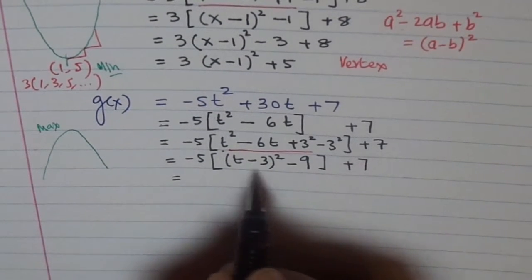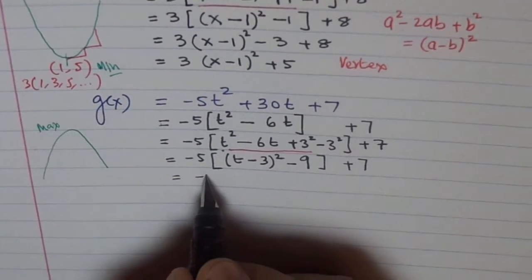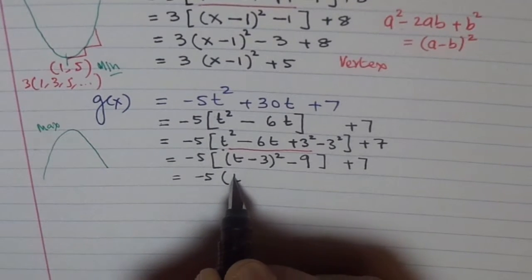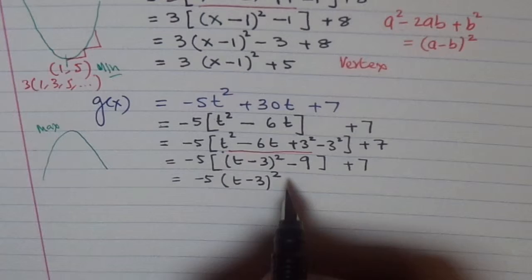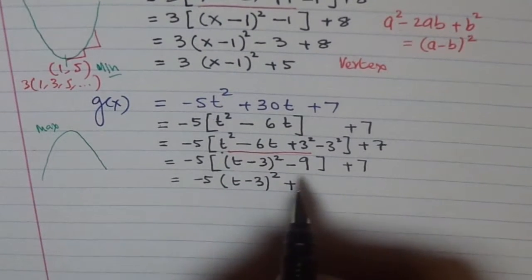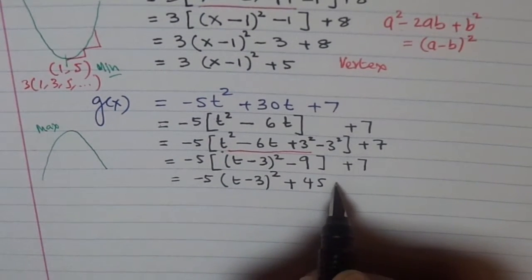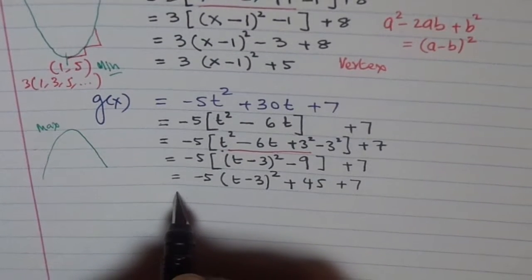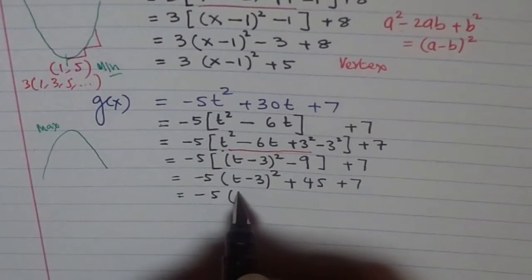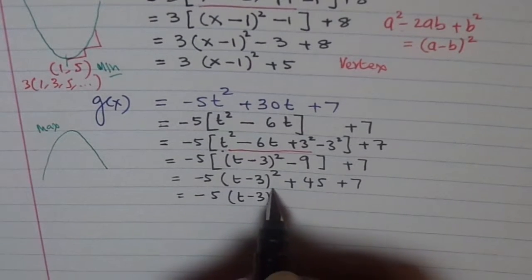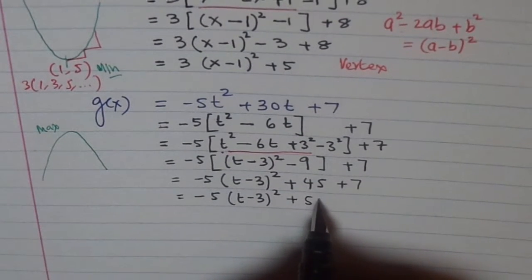Now it's the time to open the square brackets. Once I do that, I get minus 5 times t minus 3 whole square, and this minus and minus becomes plus. 9 times 5 is 45, plus 7, and we'll combine the constants, left with minus 5 times t minus 3 whole square plus 52.